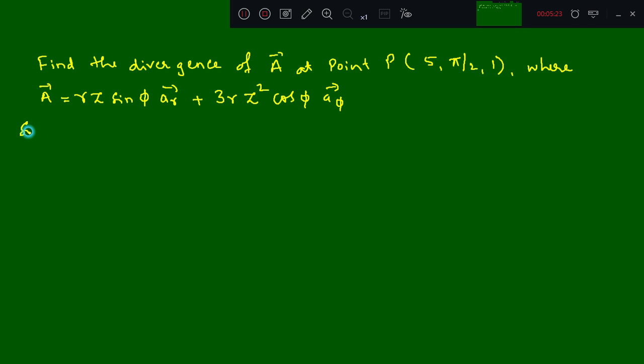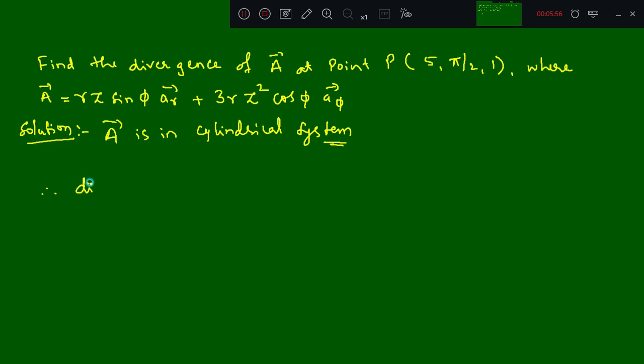So the solution is: A is in the cylindrical system. They asked you to find the divergence of A. In the previous class we have seen the formulas.